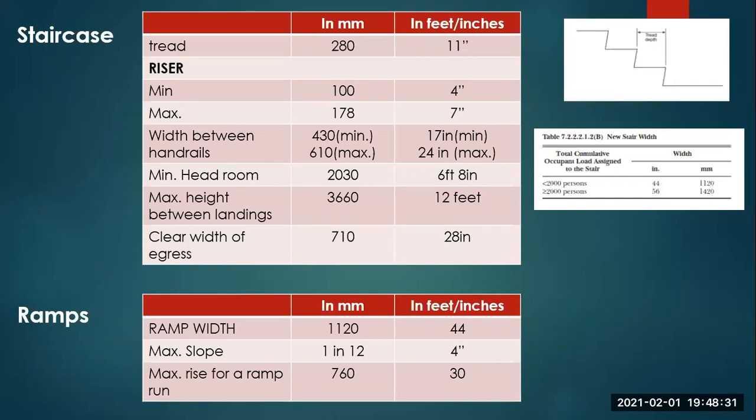What is this width between handrails? 430 mm minimum. It's the minimum width between handrails. I don't know how to explain it to you.